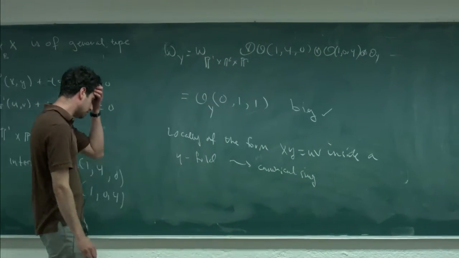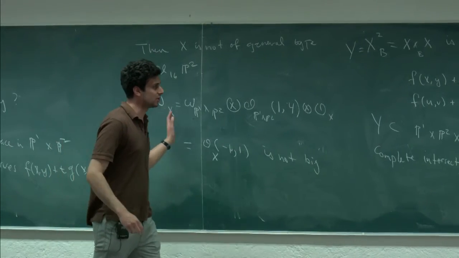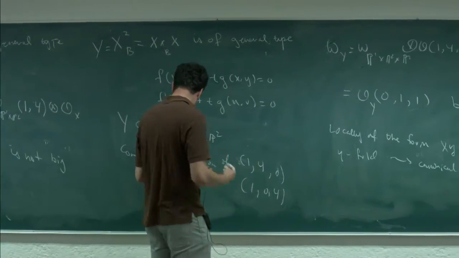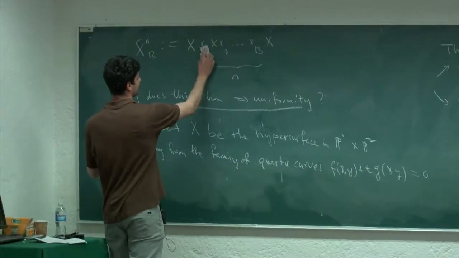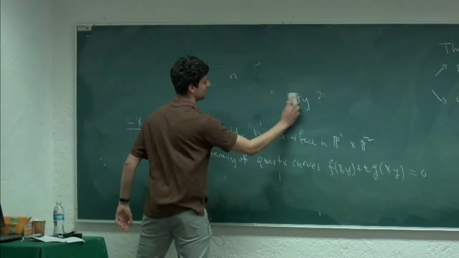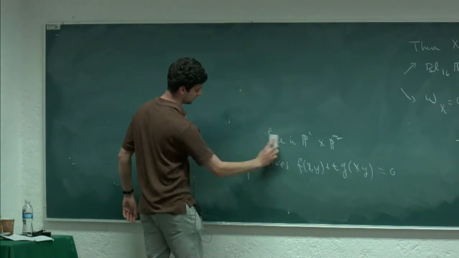So what we have is that this family itself, the total space, is not of general type, but if I take a fibered power, it is of general type. And remember, in general I said that you map to something of general type. So this is an easier example, but I'm going to show first why it works in this case, and then how to generalize.